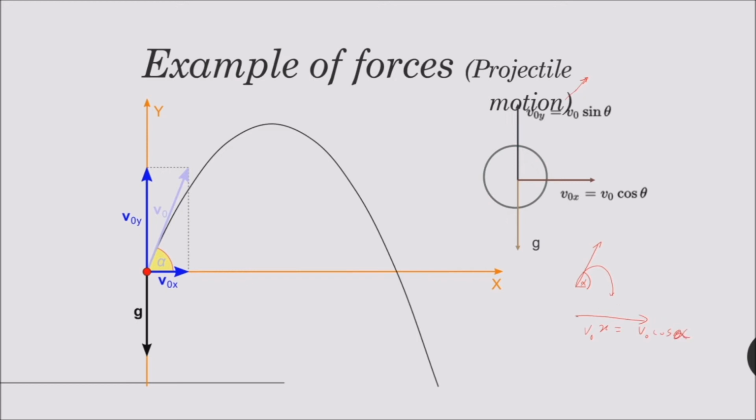And then the force upwards like this, we say v0 y, that's the sine theta. So how do I come up with these values of sine theta, cosine theta?